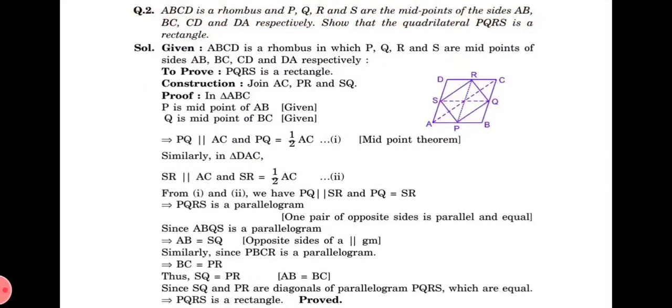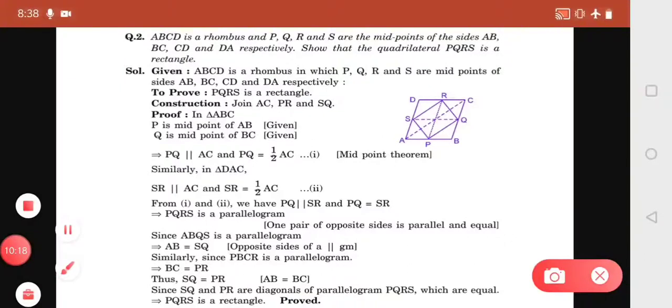Similarly, in another parallelogram, PBCR, we will get BC equal to PR, because in a parallelogram opposite sides are equal. So we write similarly: PBCR is a parallelogram, implies that BC equal to PR.